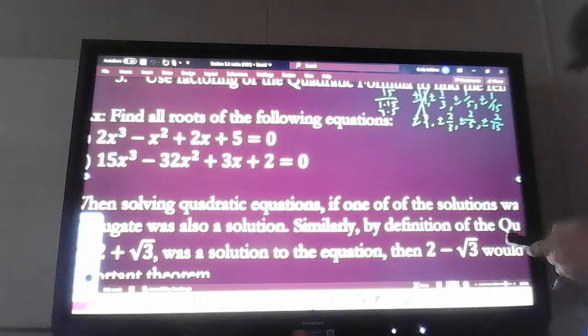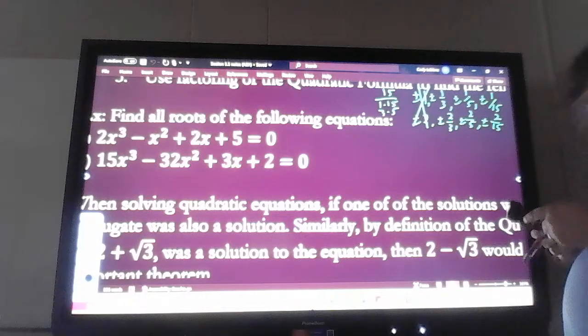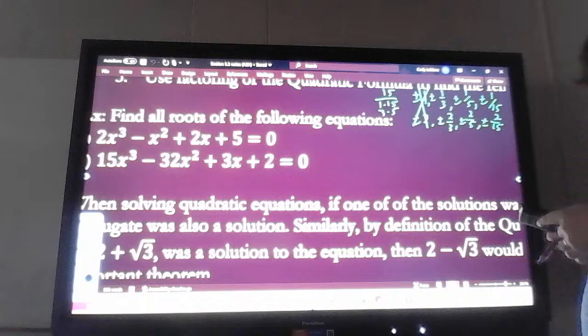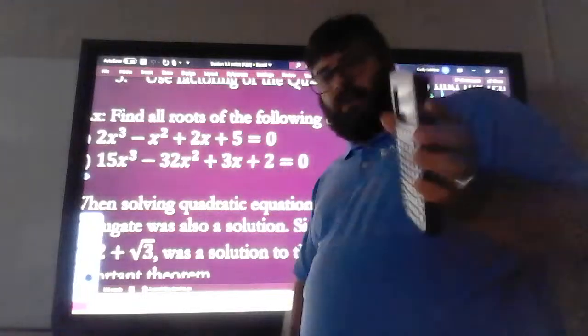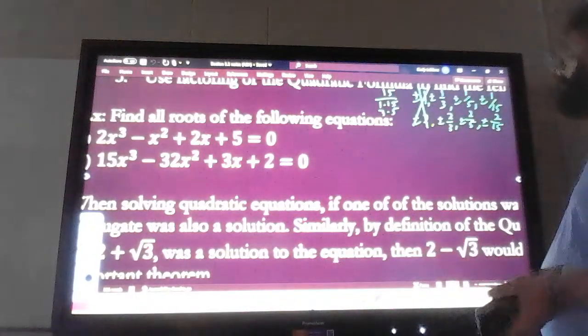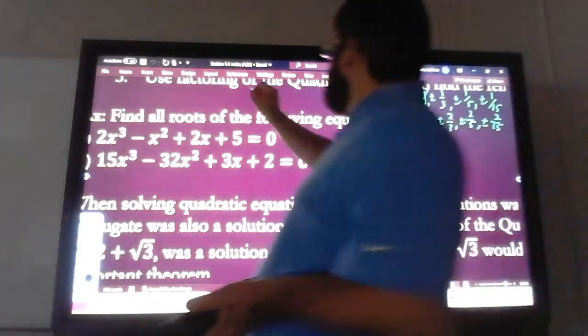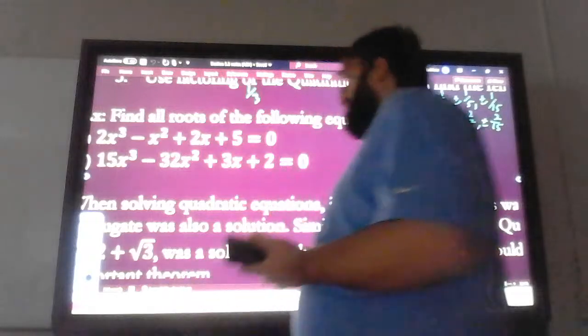Okay, that didn't give me 0. Let's try +1/3 instead of -1/3. There we go. So I plugged in +1/3 and I got 0. Okay, so 1/3 is a rational root.